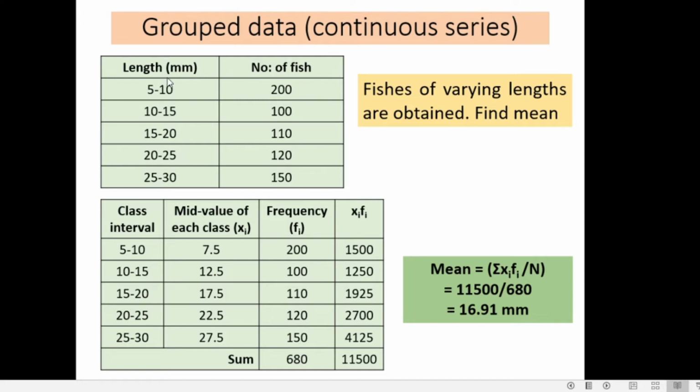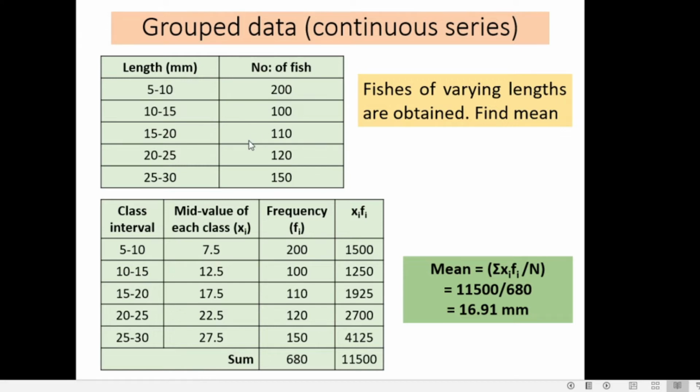So you can see fish of length 5 to 10 millimeter, 10 to 15 millimeter, 15 to 20, 20 to 25 and 25 to 30 millimeter. And these are the number of fish having lengths corresponding to these class intervals. So this is the frequency.